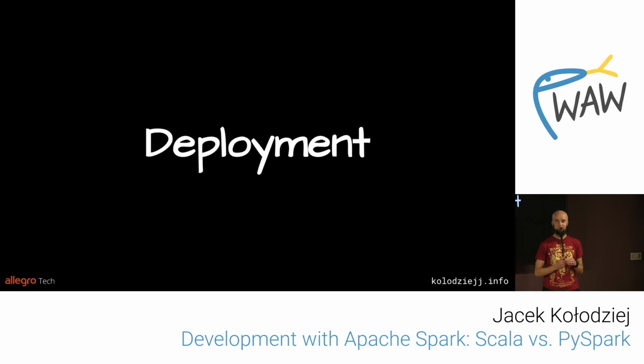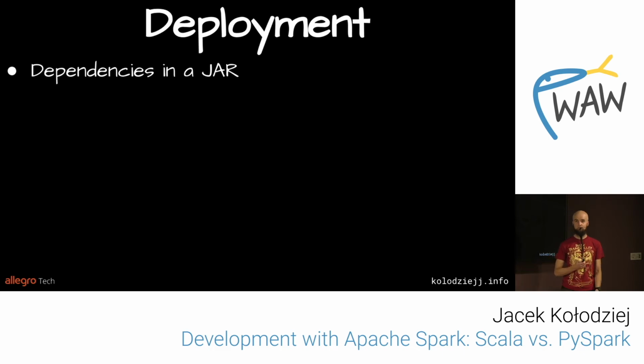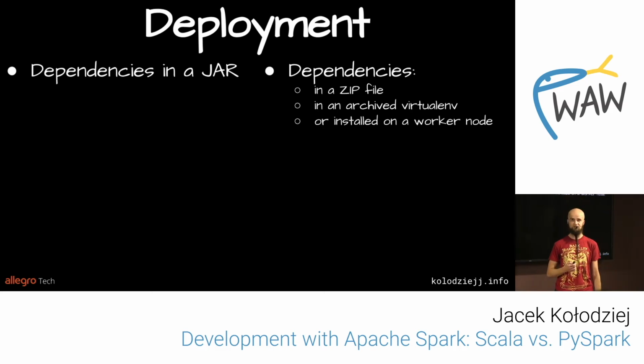Okay, back to the meaty stuff. Let's say deployment. How do we deploy our code in either Scala or PySpark? If we use Spark with Scala, in order to send it to the cluster for processing, we need to first package our stuff with dependencies into something called a fat jar, which will be deployed over to the cluster, and that's it. In PySpark, our dependencies can be put in a zip file.